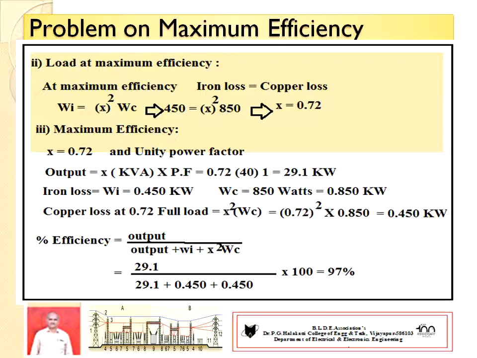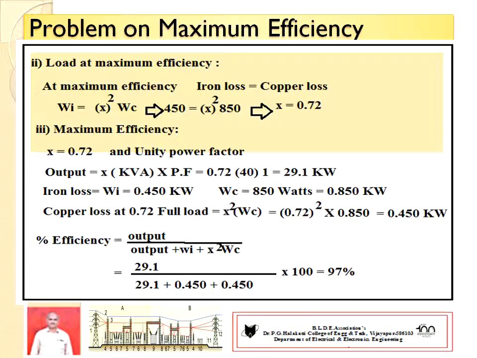Iron loss, no problem, same value, it remains constant at 0.450 kilowatt, but copper loss keeps changing. Copper loss at 0.72 times full load should be equal to X square times Wc, 0.72 square times 0.850.